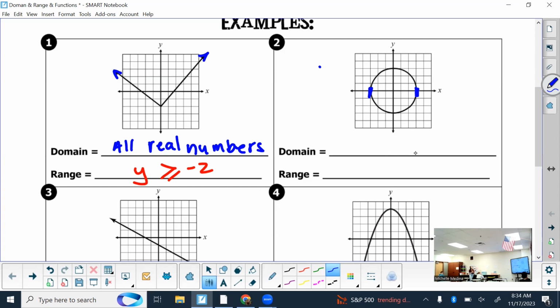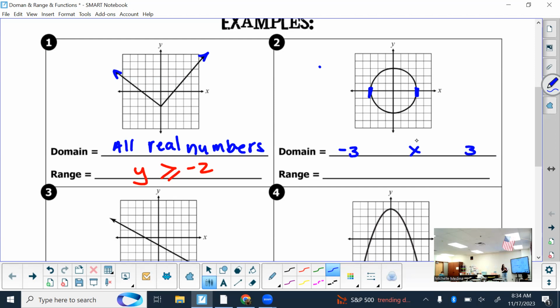So since it's domain, we're gonna use x. And you have to tell me where it starts and ends. So what x is right here? Where it stops? -3. And then where does it stop on the right? +3, good.